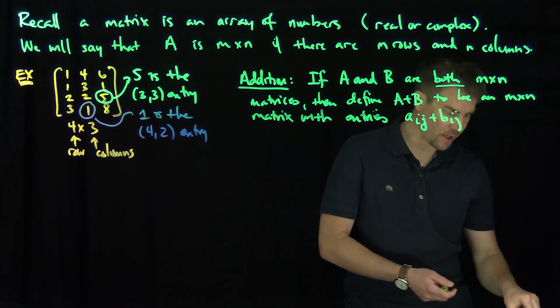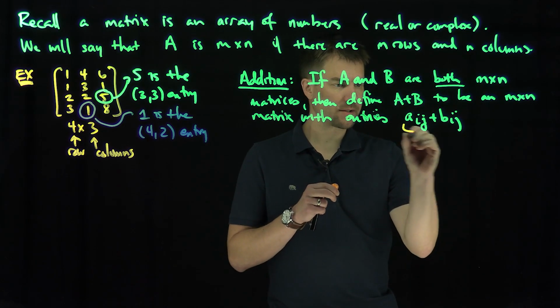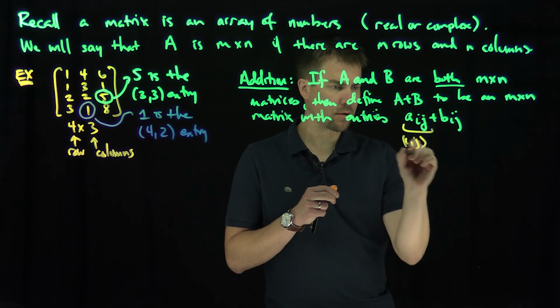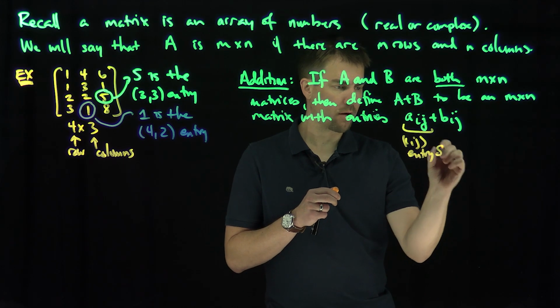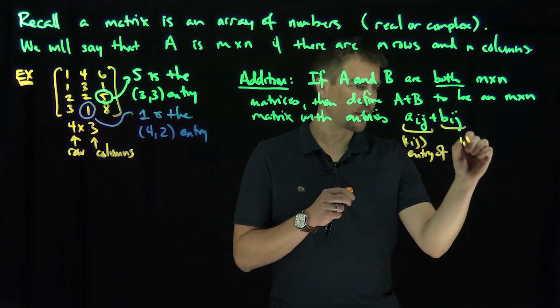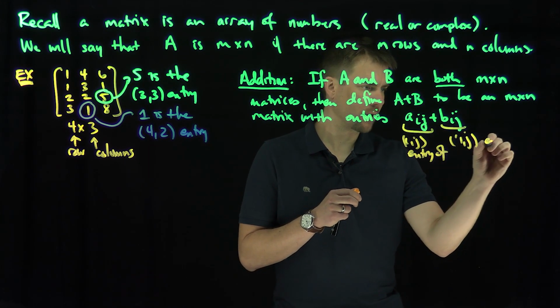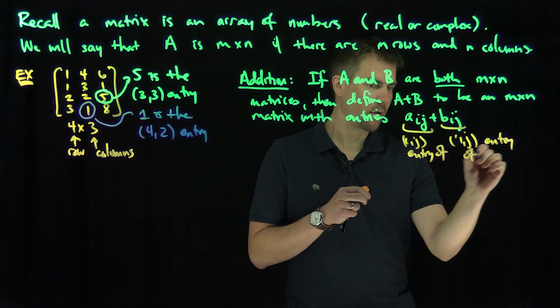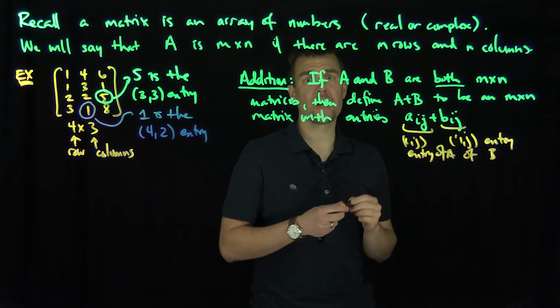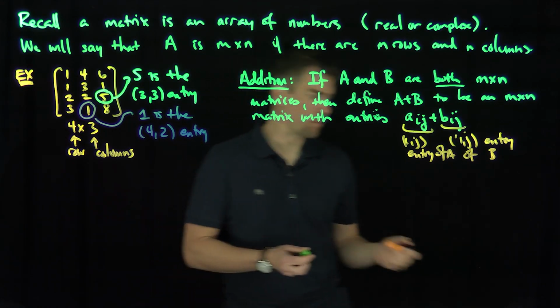Where what are these a_ij and b_ij? That's the i, j entry of A, and this is the i, j entry of B. Okay? So you add the corresponding entries as you would expect to do.